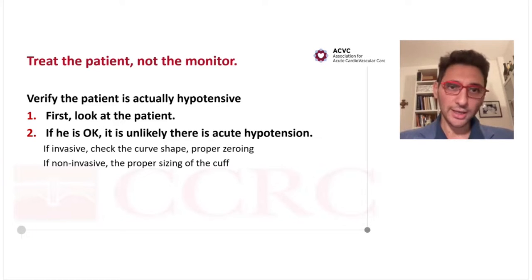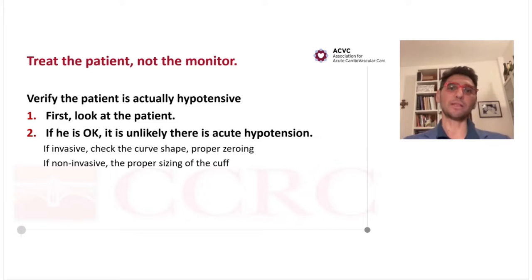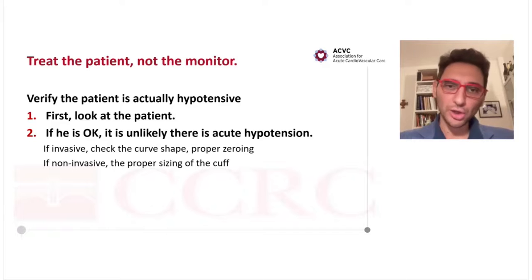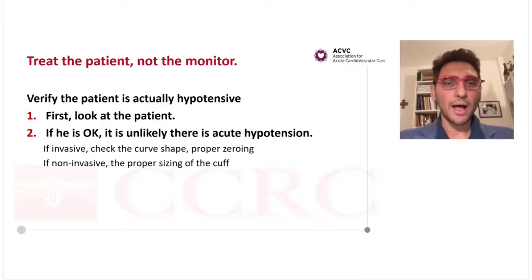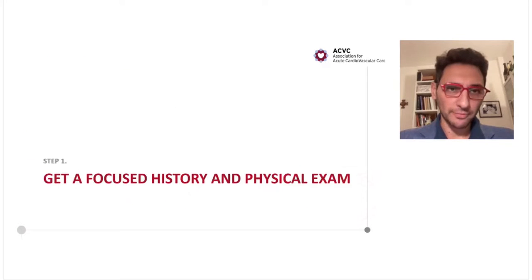If they are okay, it is possible but unlikely that they have an acute hypotension. If you have invasive monitoring, check the curve shape and the proper zeroing. If non-invasive, check the proper sizing of the cuff. If the patient is doing well, confirm. It is important to confirm to avoid starting pressors and other medication that can harm the patient.